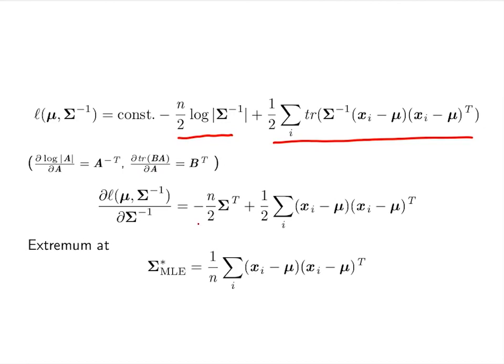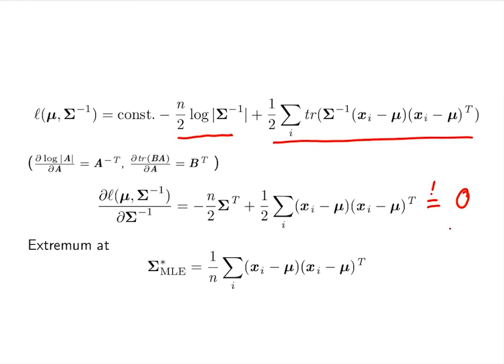The first derivative of the negative log likelihood with respect to the inverse covariance matrix is this expression here, and the goal is of course to be equal to 0. So this is a matrix now, a matrix full of zeros.